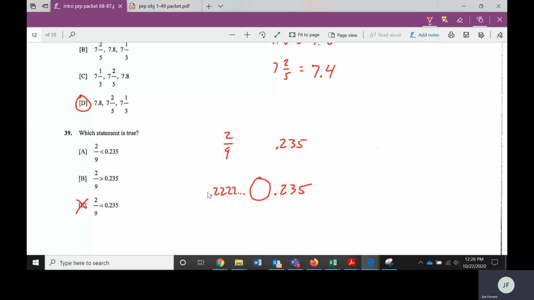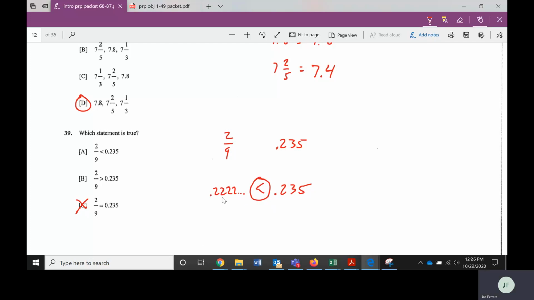Okay. Now, we need to know, is this one bigger or is it smaller? And again, just like I said above, you go place by place. There's a 2 here, there's a 2 here. So at that point, they're the same. Then there's a 2, then there's a 3. That means this one is bigger. And if you're confused by these signs, it always opens towards the bigger one, points to the smaller one.